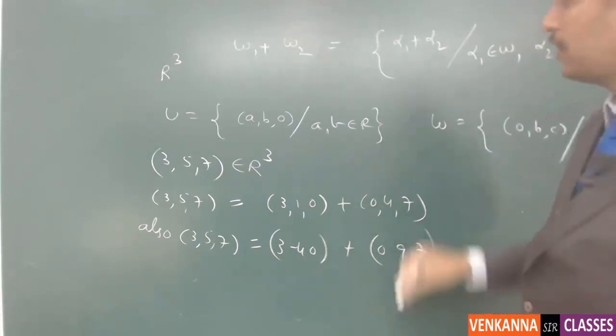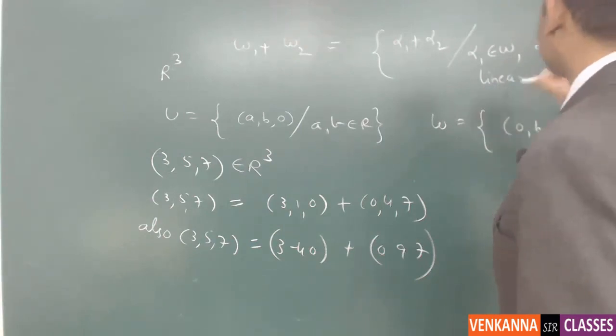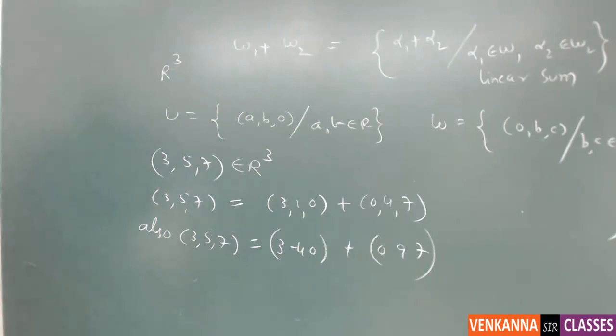This type of notation we call a linear sum of subspaces. Can you recollect that?